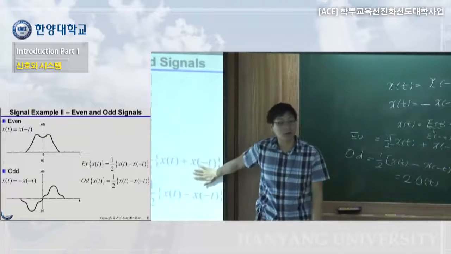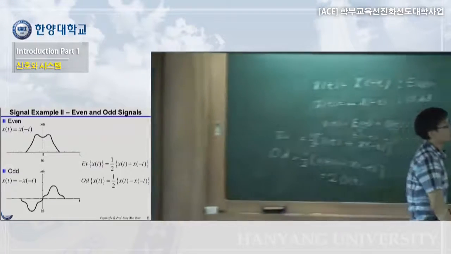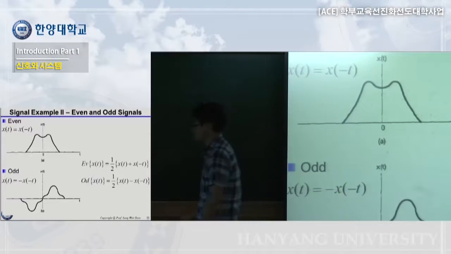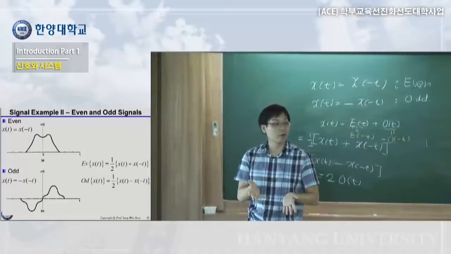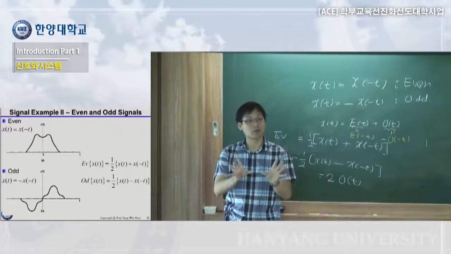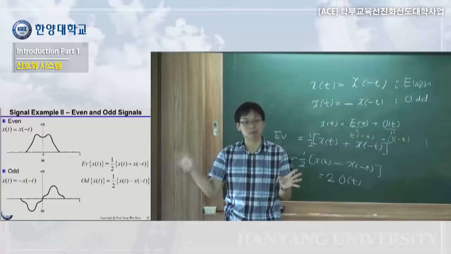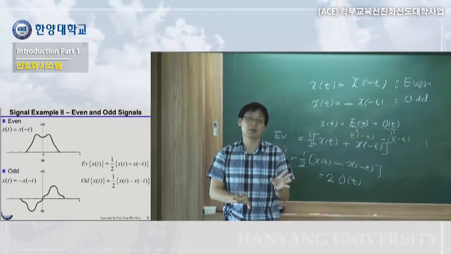So that's how we can find the even and odd parts. It's similar to our Euler equation, right? In the Euler equation, to find the real part, we add them together. For the imaginary part, we subtract them. The only difference is that with complex numbers, we have j or i in the denominator. That's the only difference.